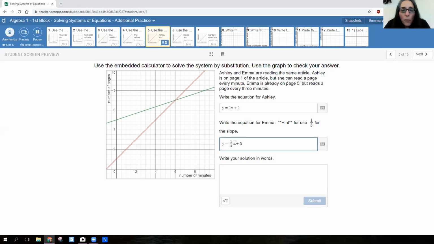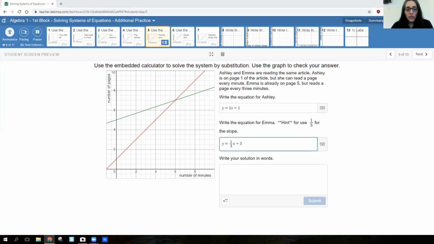So when you do your 1/3 x, make sure your x is over to the side, like arrow over. Otherwise, it's going to put it in the denominator, and that's a completely different graph. You're going to get like a curvy graph. That's called a rational function. We don't want that. We want just a linear function. So make sure your x is always off to the side. Otherwise, it won't graph it the way you want to.